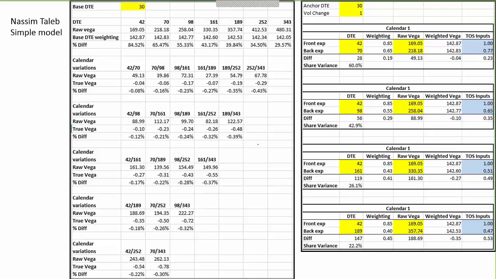Okay? So what this is saying is that by using Nassim's formula, which is relatively accurate, whatever calendar you're going to be looking at, once they are beyond the 30-day point, they're going to be relatively Vega neutral. Okay? So you might think, well, doesn't that conflict with what I said before, that if you go out by a year, then there's still an impact.